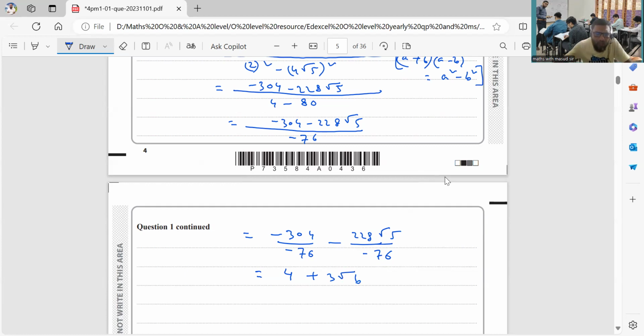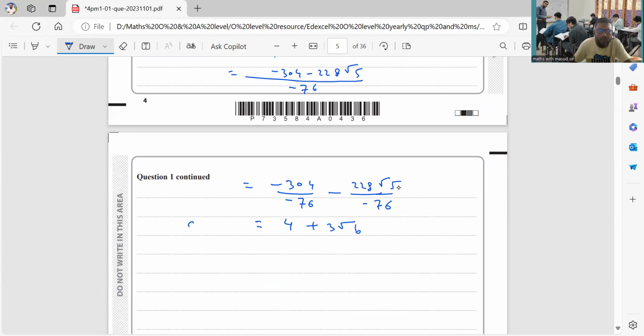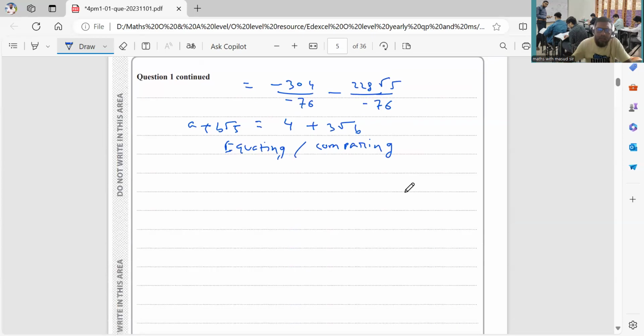And remember, in the left side we have a plus b root 5. Now equating. You can write equating or you can write comparing, it is not a problem. Same thing. Okay.